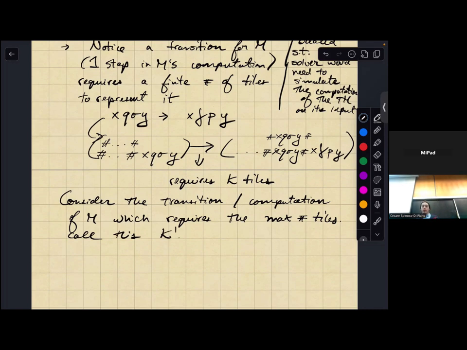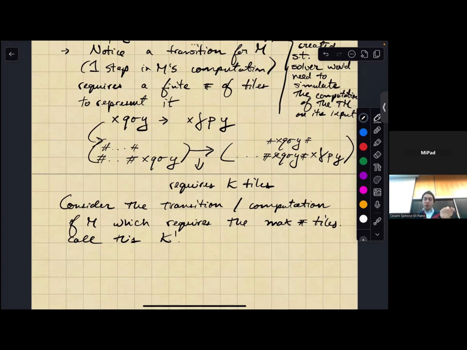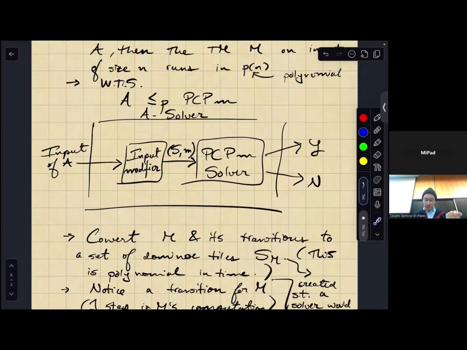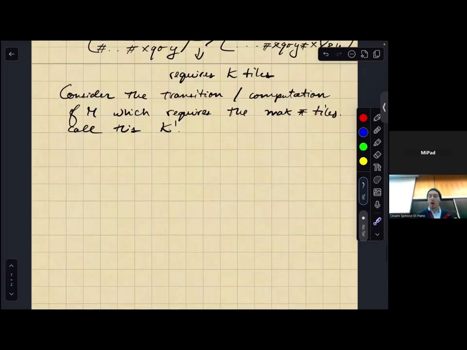What I know is, given an input to this decision problem A, the non-deterministic Turing machine M which decides A is going to run for P(n) steps. But then what's the maximum number of domino tiles I'm going to need to use to simulate that? Well, I know that the maximum number of domino tiles to simulate one transition is K prime.